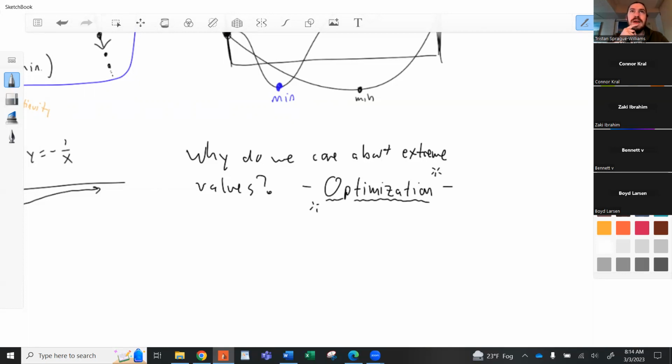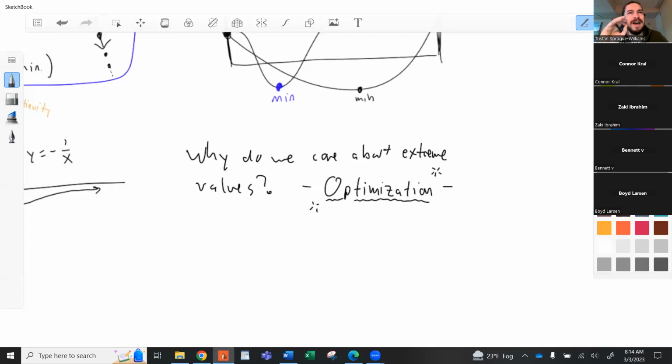It is something that people who apply mathematics, like business people or engineers or statisticians or biologists or architects or physicists or computer scientists, often want: the maximum or minimum value of something.